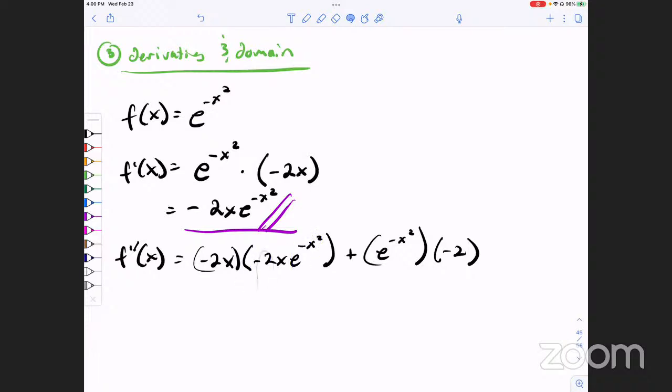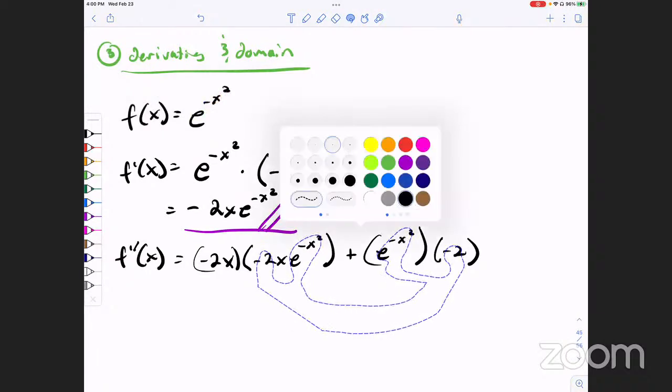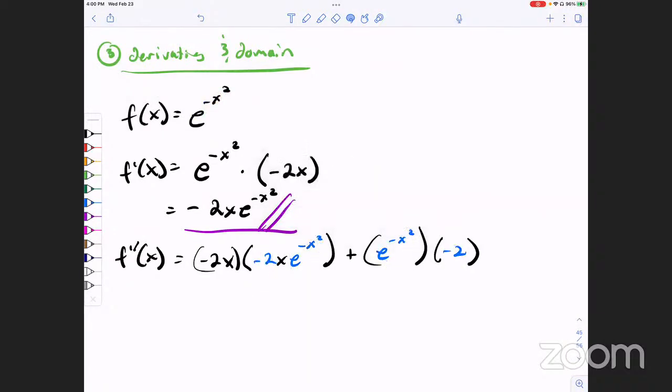I'm just going to factor that out. Hopefully that helps us. So this is going to be equal to negative 2 e to the negative x squared, okay?